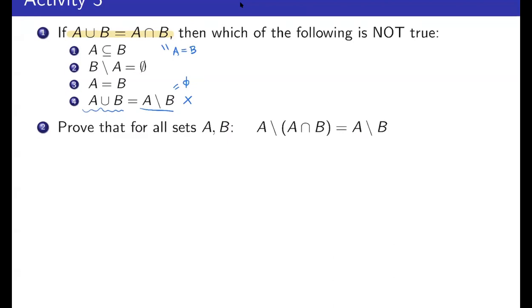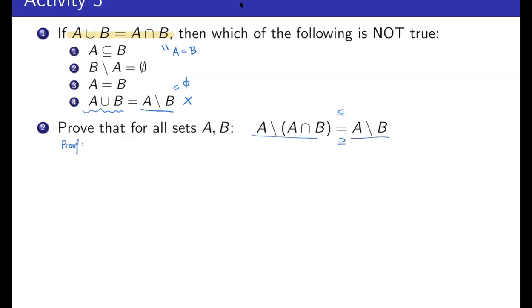Alright, let's prove the second part. Again, you need to prove two sets are equal, so you need to show this set is a subset of the set and the other way around as well.